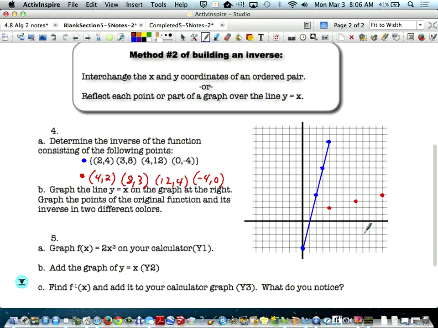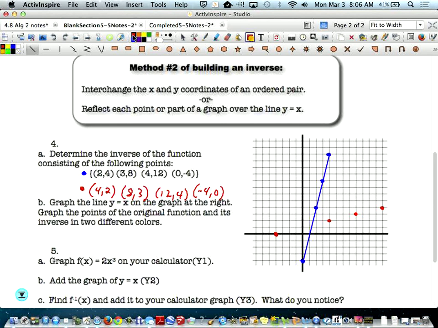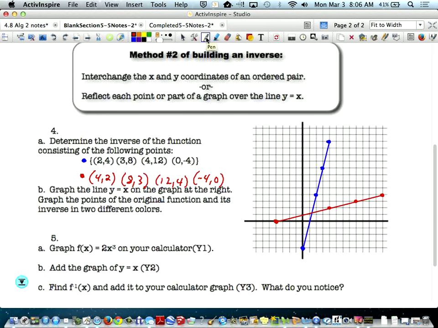And -4, 0. Right there. And then again, I'll put a straight line on those. So that's what my graph is looking like.